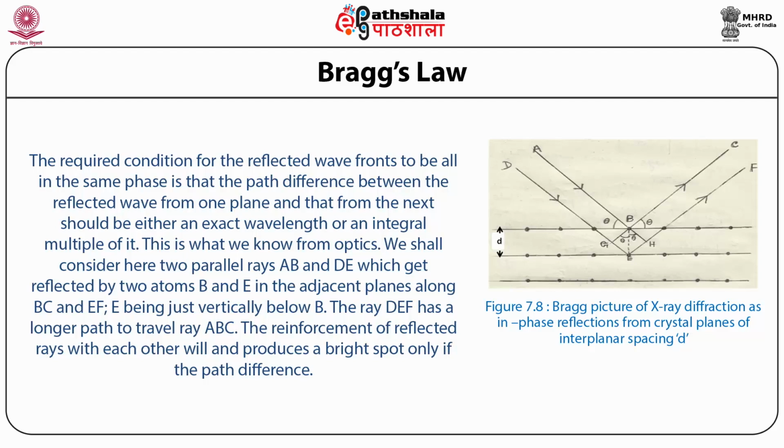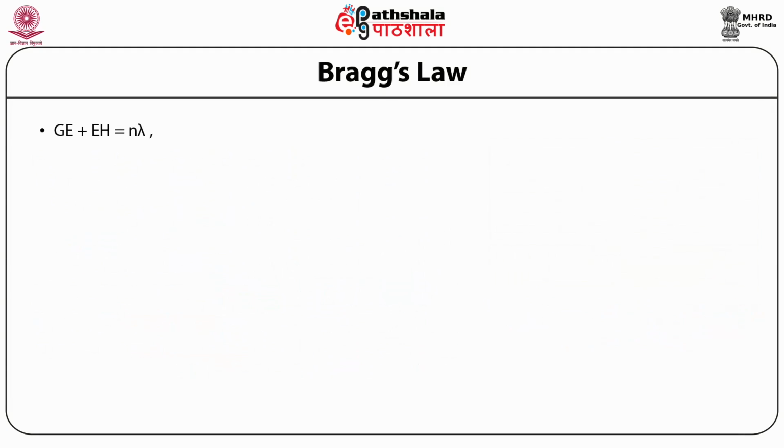We shall consider here two parallel rays AB and DE which get reflected by two atoms B and E in the adjacent planes along BC and EF, E being just vertically below B. The ray DEF has a longer path to travel than ABC. The reinforcement of reflected rays with each other produces a brighter spot only if the path difference GE plus EH is equal to n lambda.